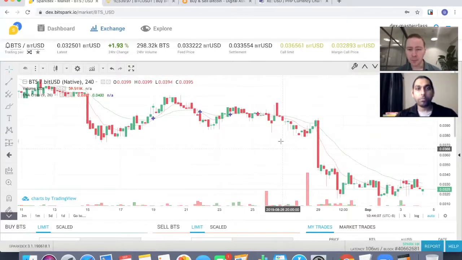So if we take, say, this candle right here, this EMA for the green line is the average of 1, 2, 3, 4, 5, 6, 7, 8, 9. It is the average price of all of those different periods. And the same is true for the 26. It goes all the way back.